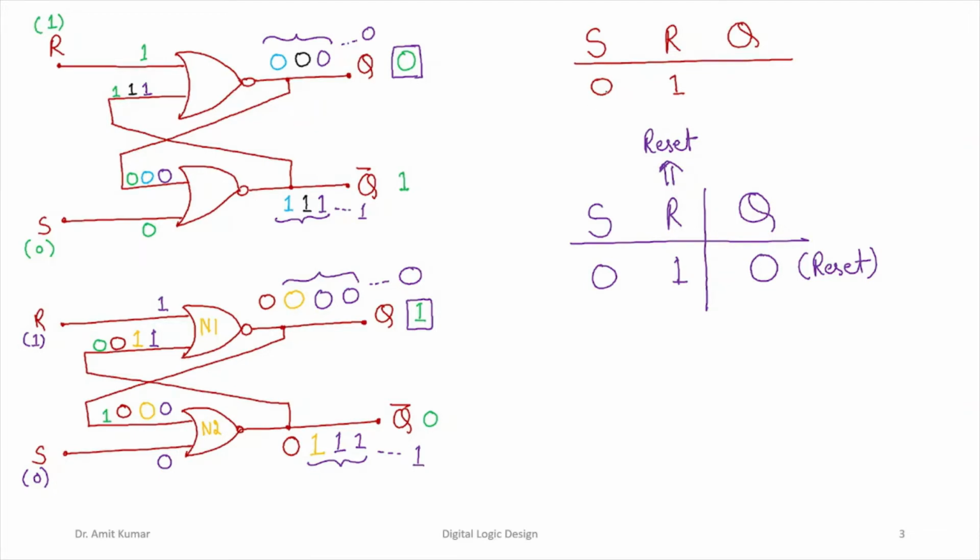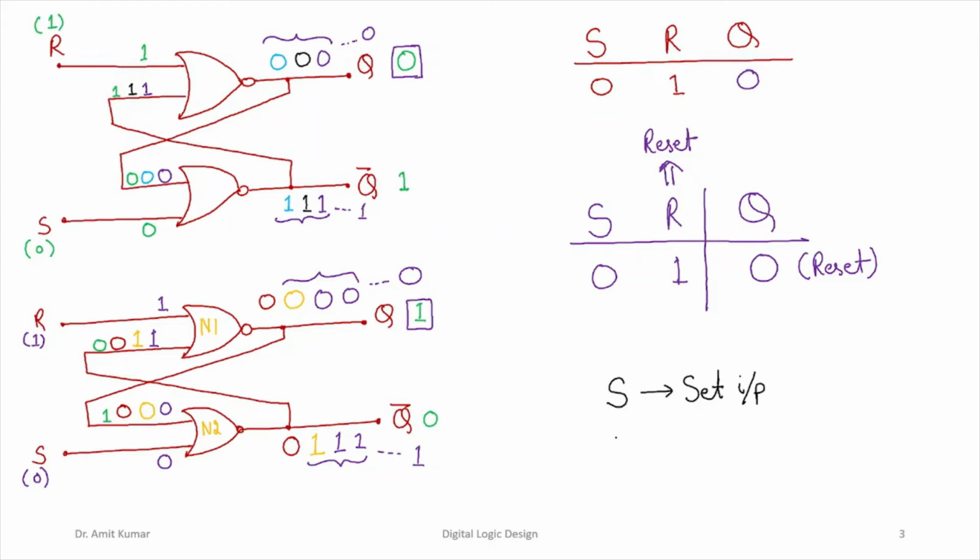So if you see S is 0, R is 1, Q is going to attain the value 0, right? That is why we have given the names to the inputs S and R as set and reset, right? That is why in case of an SR latch using NOR, we call the input S the set input.